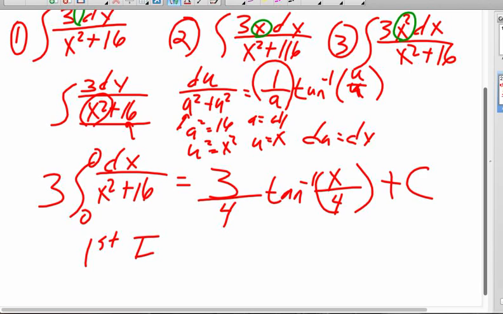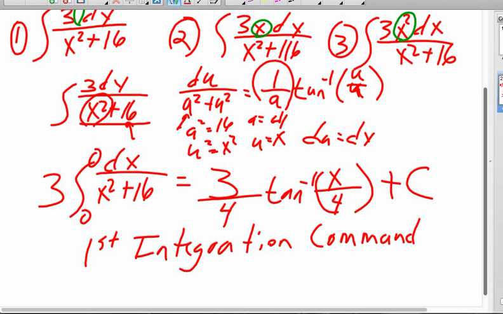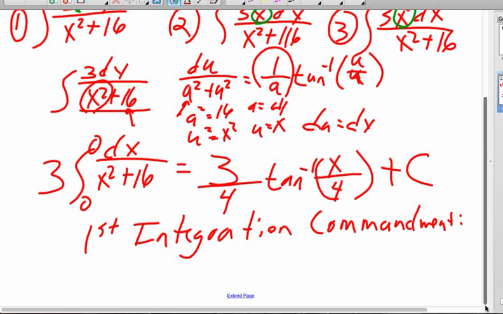first integration commandment. You're going to have another one a little later on. So the first integration commandment is the following.